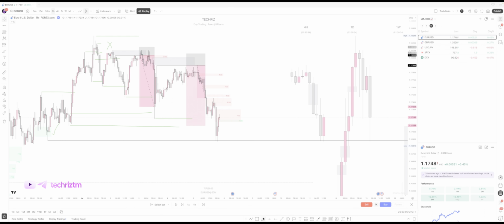I have a rule or principle: this black thing that my indicator is showing is a fair value gap, and it was mitigated by this H4 candle. I have a rule that when price mitigates a fair value gap, the entire fair value gap no longer holds water.